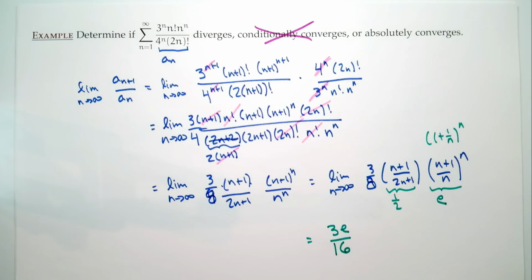Well, what happens to that? What is 3e divided by 16? Is it bigger than 1 or is it less than 1? It's less than 1. Okay. Good. Well, so what's our conclusion?